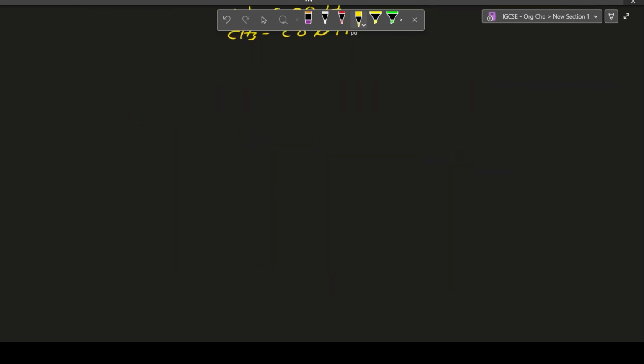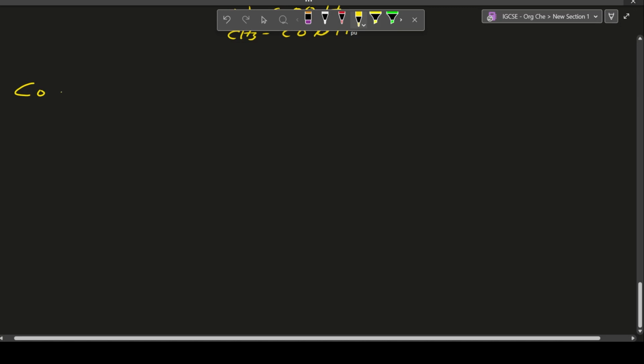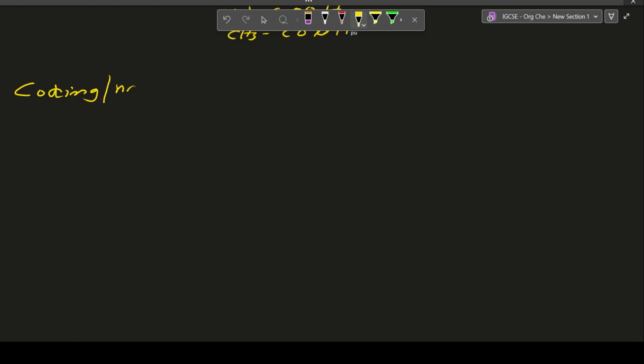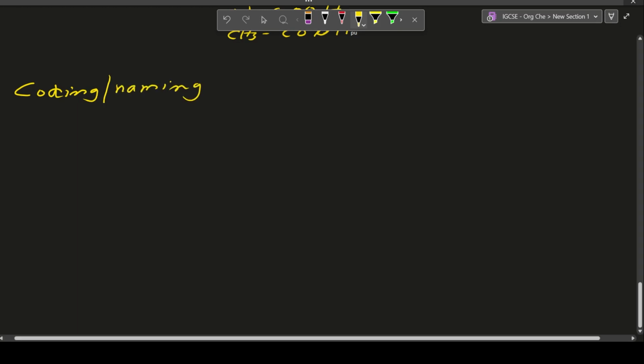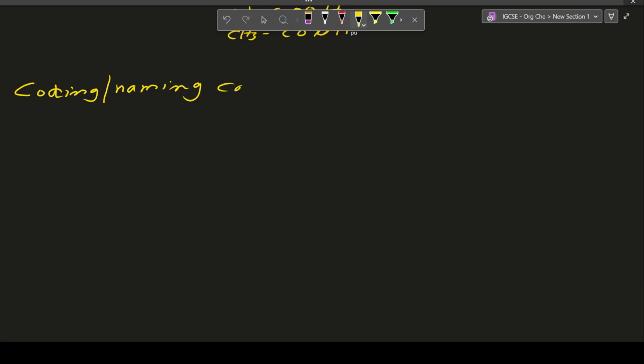So now I will cover one more part, coding, or you can call it naming carbon chains. For example, if the chain has only one carbon, we call it meth. That's why CH4 is named methane.